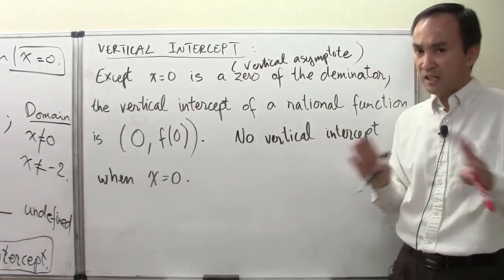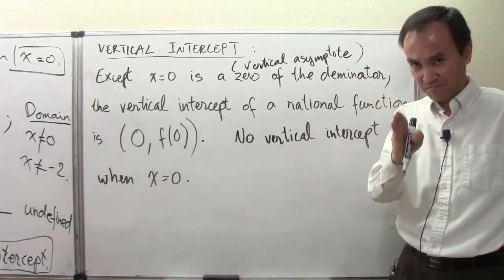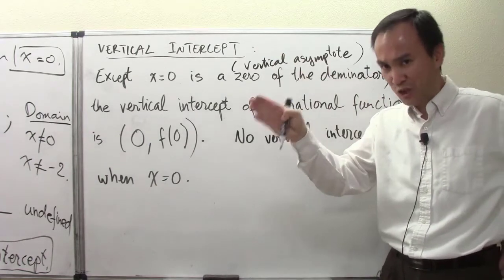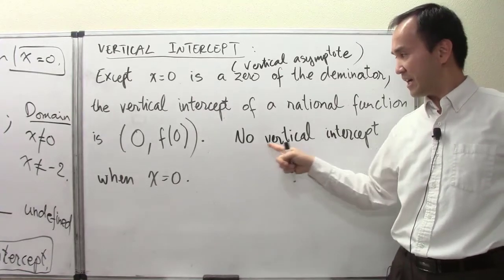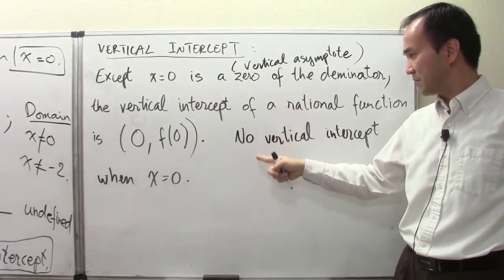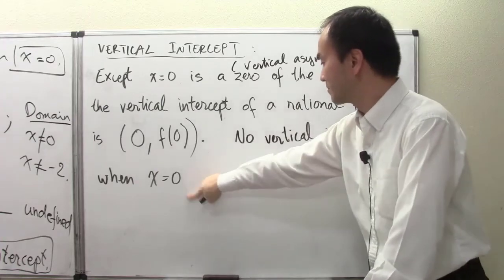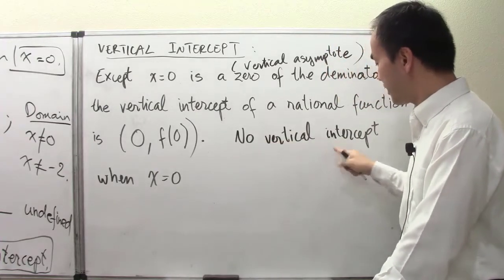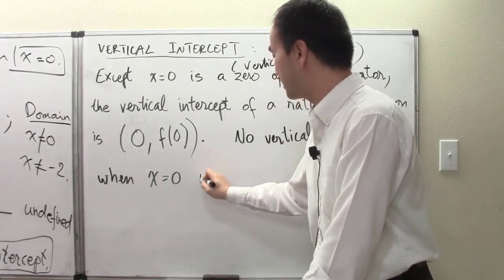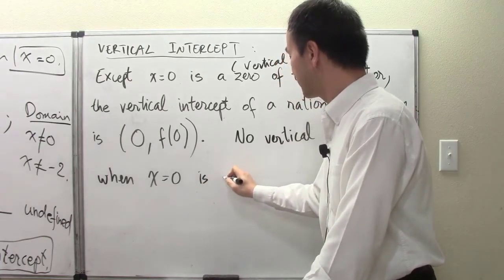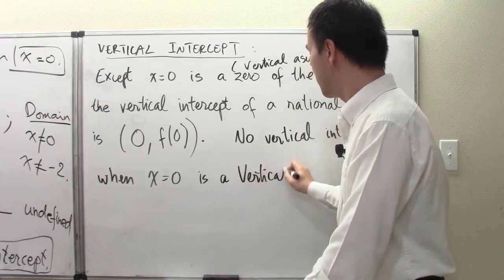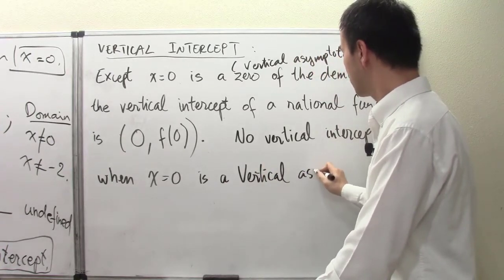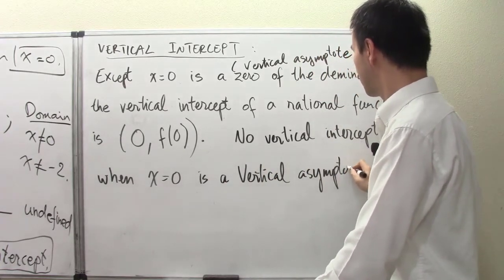So it works anytime except when x equals 0 happens to be the vertical asymptote. In that case, we're going to say no vertical intercept when x equals 0 is a vertical asymptote.